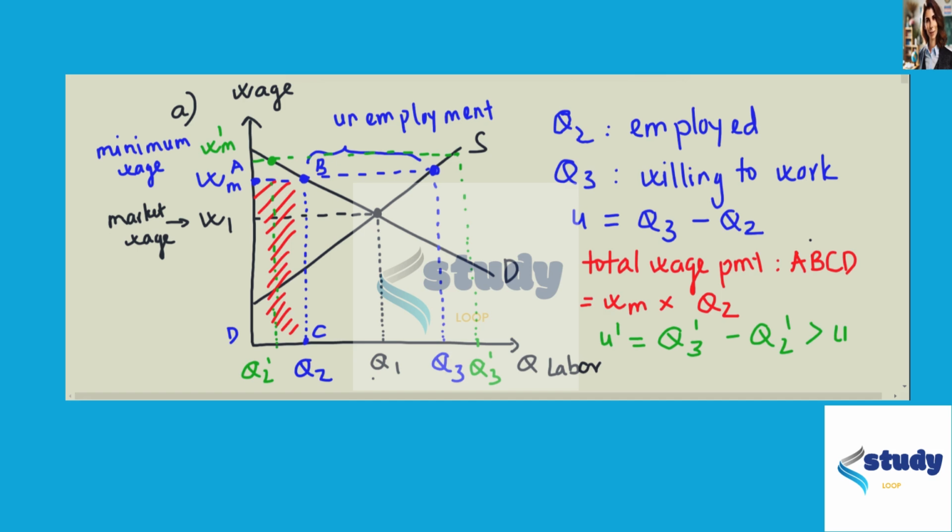The size of the effect of a higher minimum wage on employment depends only on the elasticity of demand. The elasticity of supply does not matter because there is a surplus of labor.